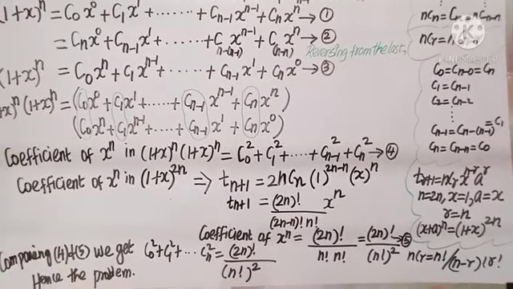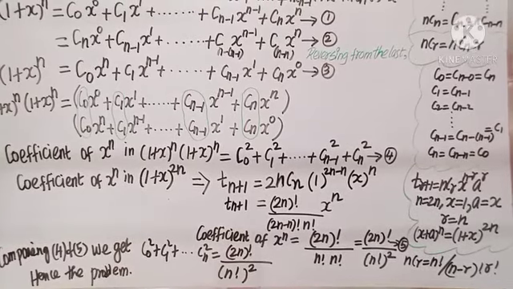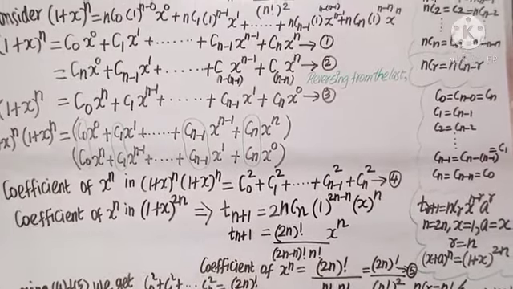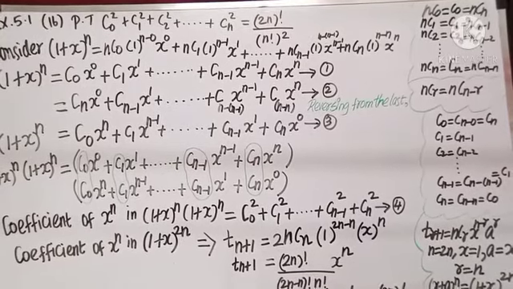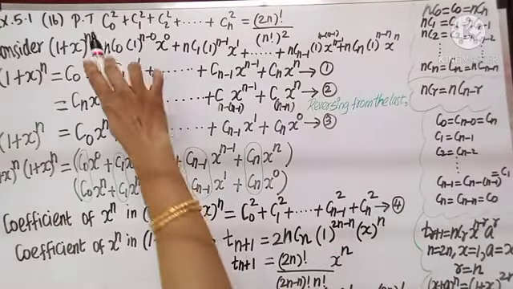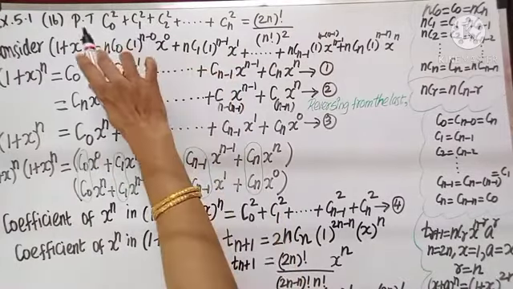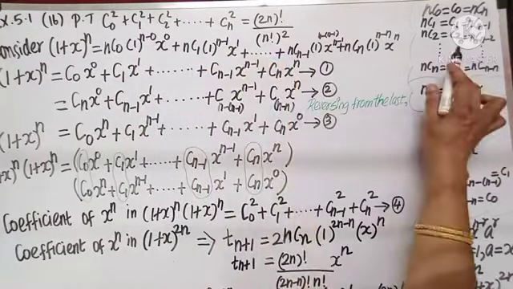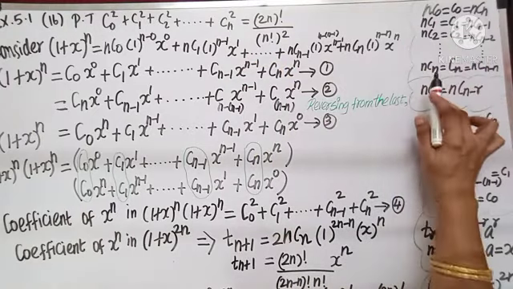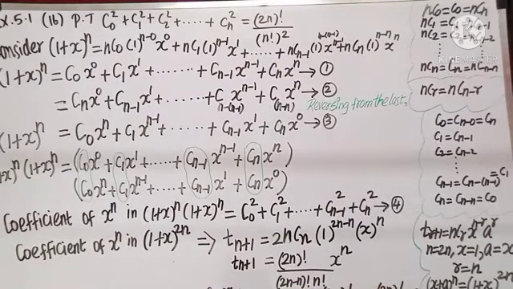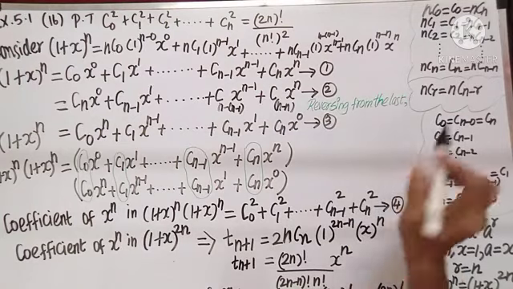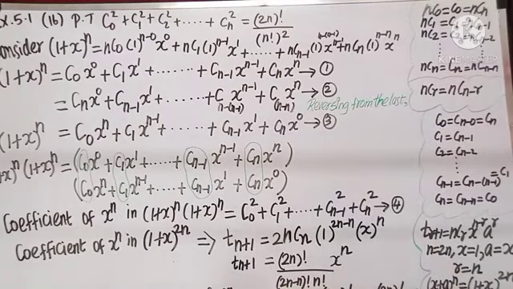Just see what all we use in this problem. The very first idea, as I see the question, C0 square, C1 square, C2 square. Let me remember, C0 to Cn represent nC0, nC1 up to nCn. So naturally, it is a problem in binomial expansion, because we are in exercise 5.1, binomial theorem.